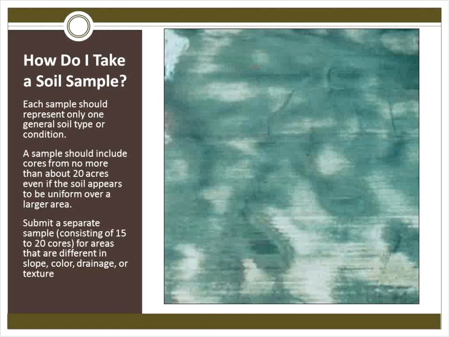And you can quickly see how you can take a map like this and say, okay, there is one soil sampling area. There's another soil sampling area. Here's another soil sampling area. So you can divide these things up into the different soil sampling areas.